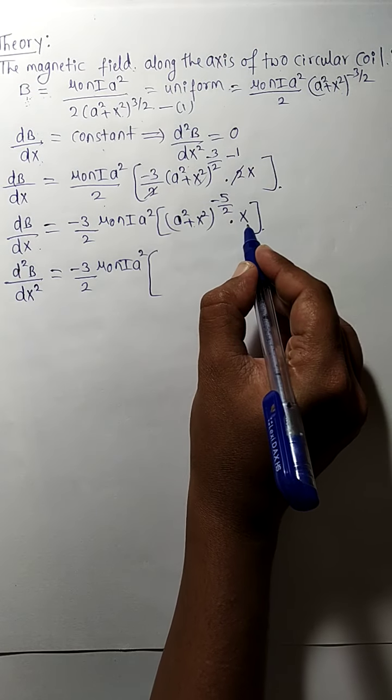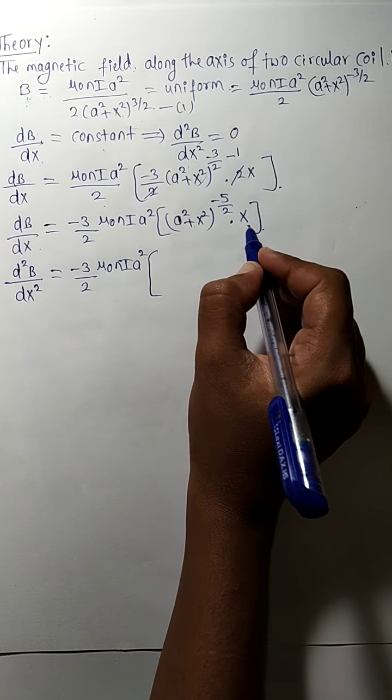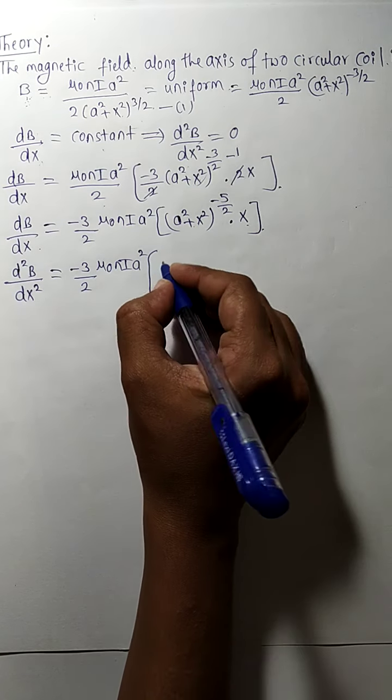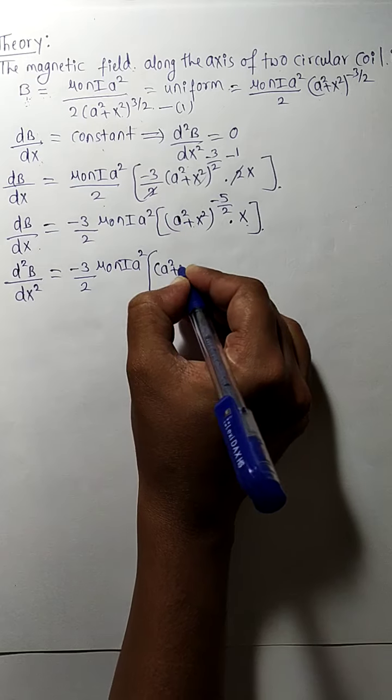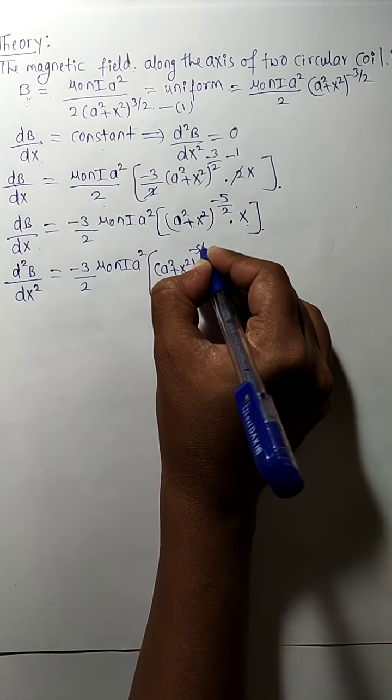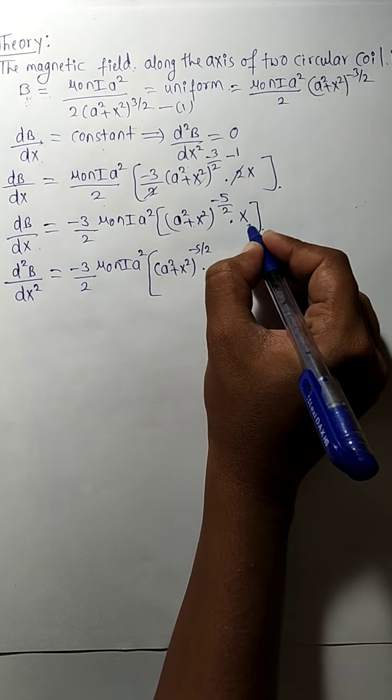And this is like u into v, isn't it? This is the u term and this is the v term. So u as it is, that is a square plus x square raised to minus 5 by 2, into the differentiation of v.